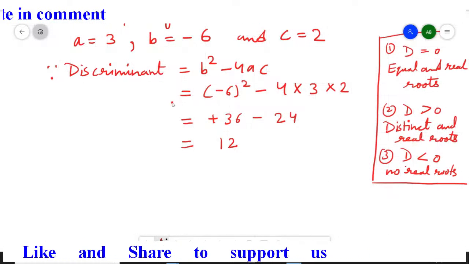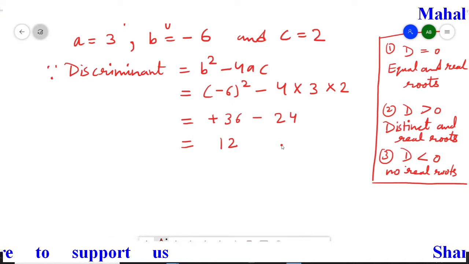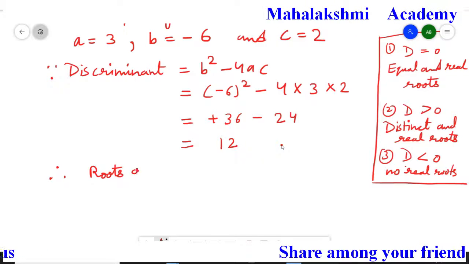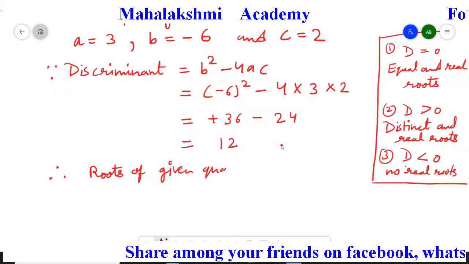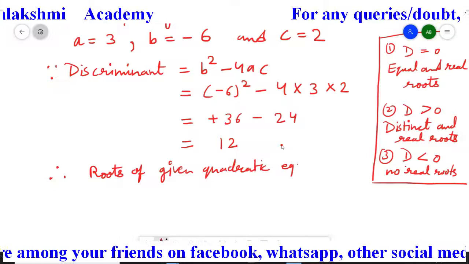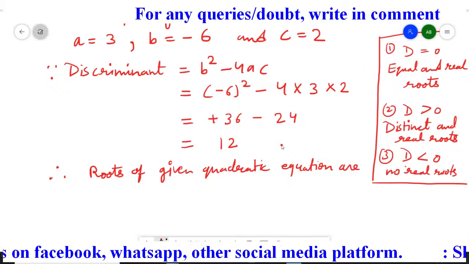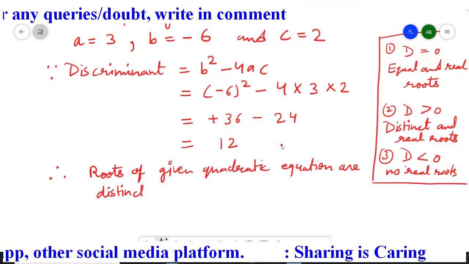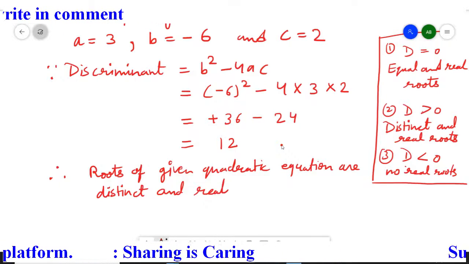So here, since the discriminant is 12, which is greater than 0, we write here: roots of the given quadratic equation are distinct and real.